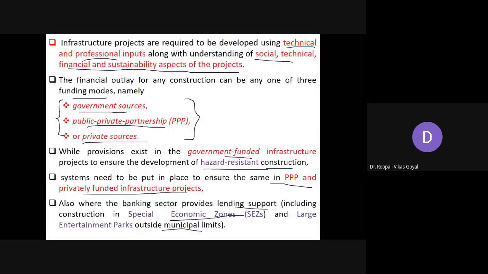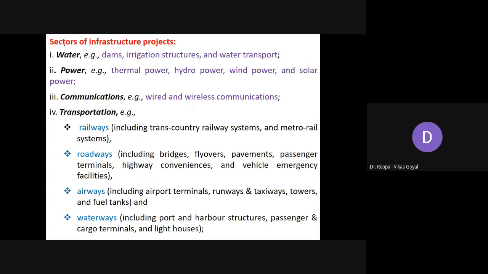And whenever disaster takes place, if some failure of such infrastructure takes place, then the whole communication and transportation link will collapse, and it will become very difficult to provide relief at the time of disaster. So here, after knowing this, which are the sectors of infrastructure projects that are to be taken care of as far as disaster proof constructions are concerned.